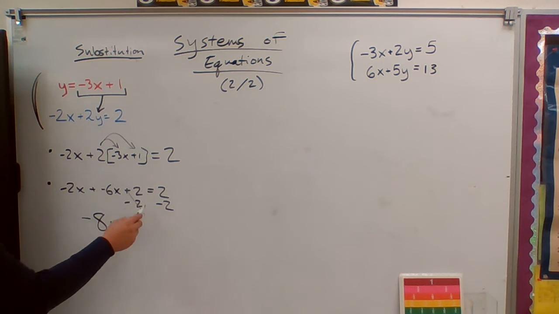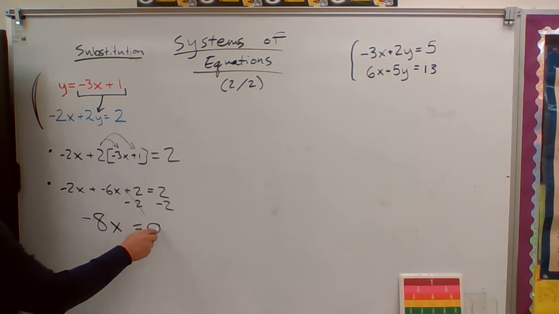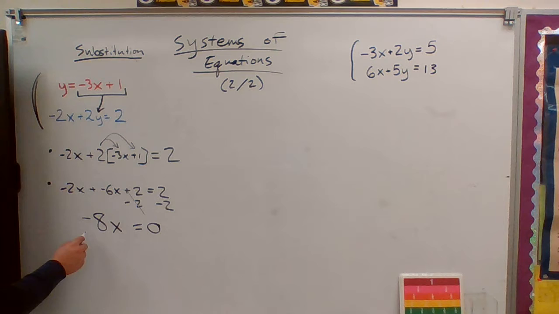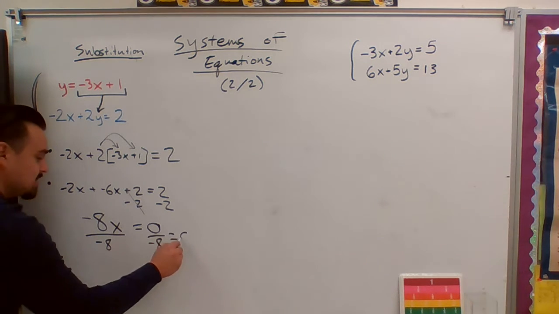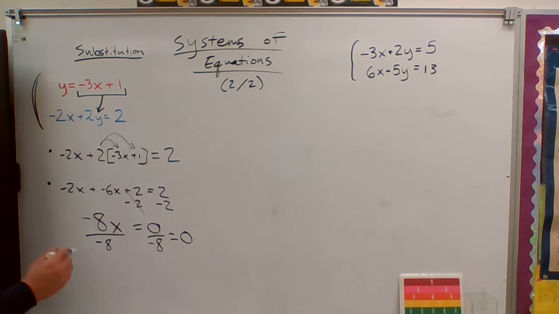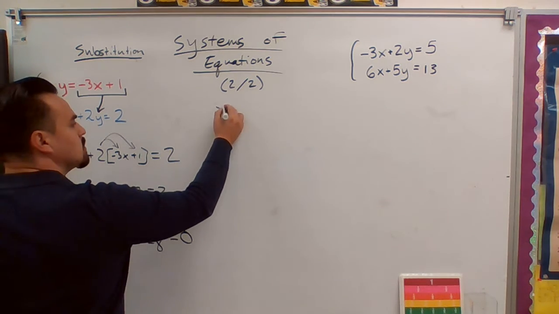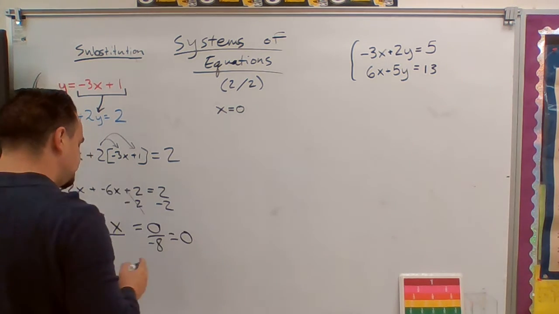And those 2s disappear. So this becomes negative 8x is equal to 0. If you divide both sides by negative 8, 0 divided by negative 8 is still 0. So it looks like our x value is going to be 0.